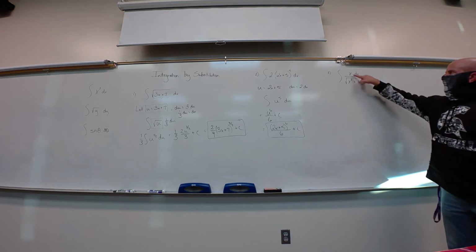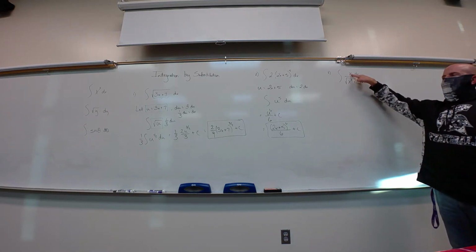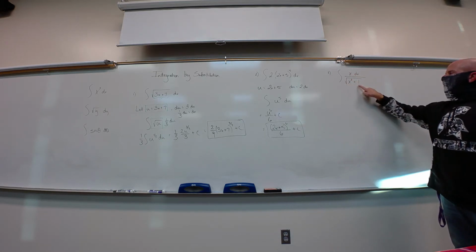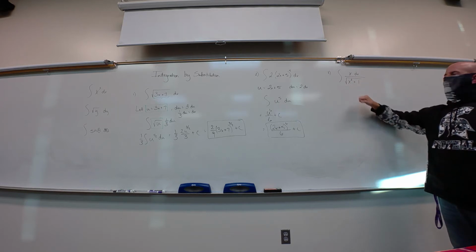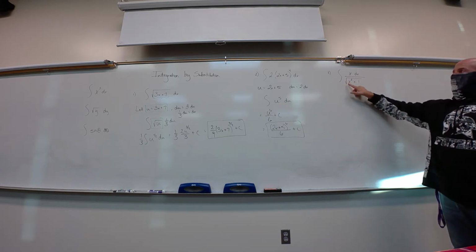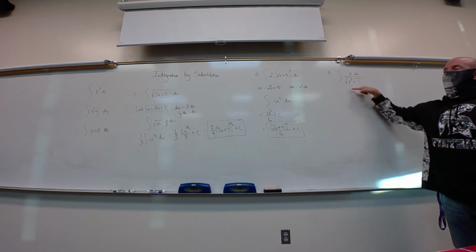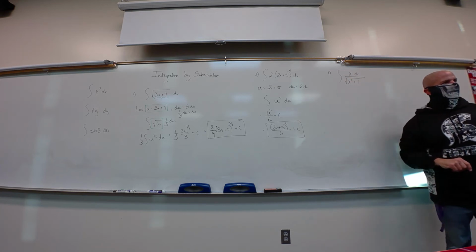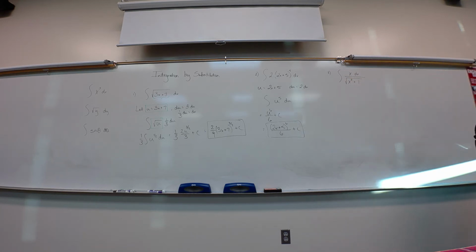I can let u be x. I can let u be x squared plus 1. I guess I have four choices. I can let u be the square root, or I can let u be the whole fraction. u being the whole fraction is probably going to make things way worse. Think about what the du would be going through there.